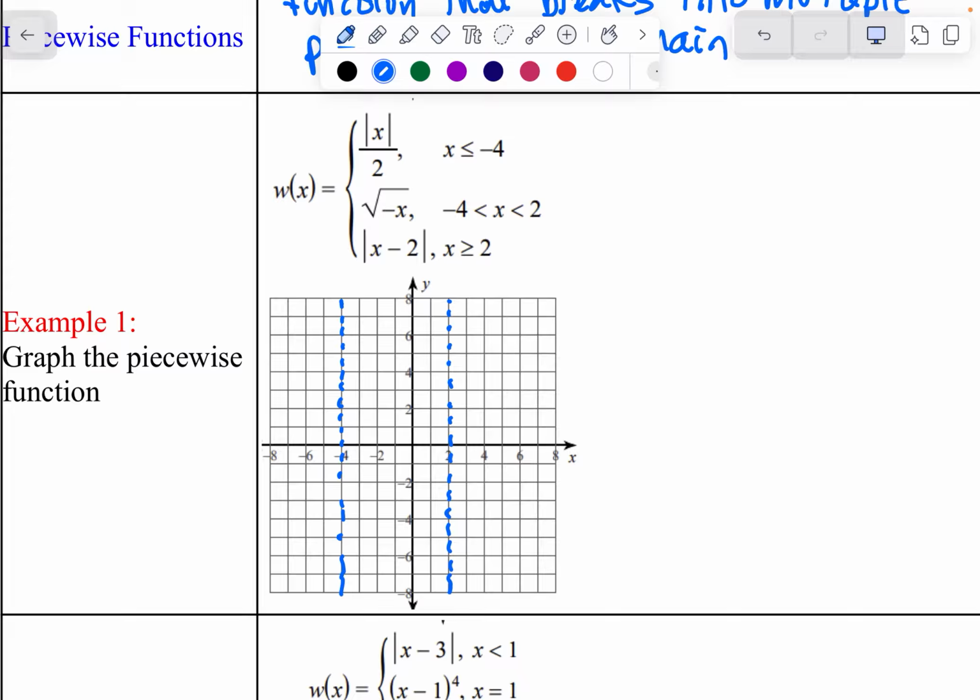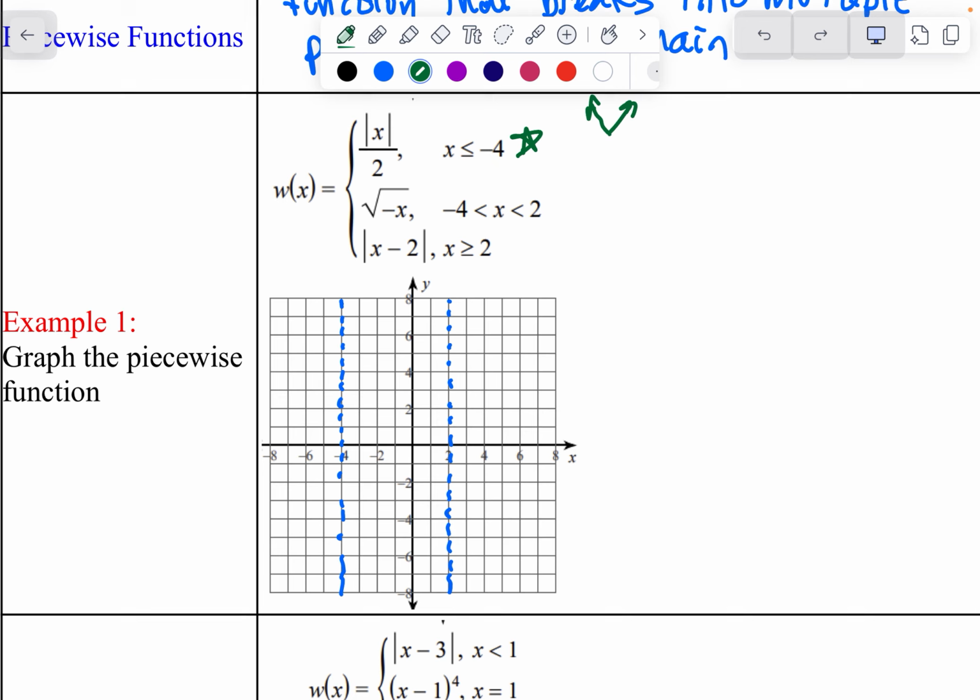So first, what I would like to do is graph this top one. Now, you might recall from what we know about our parent function that our parent function is a v. Okay? What this divided by 2 is going to do is take our v and squish it down a little bit.